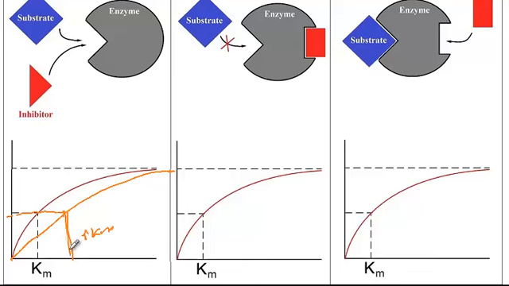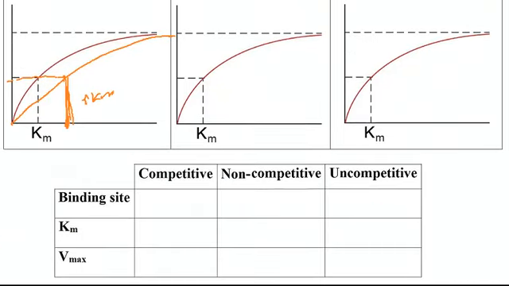The new Km is at this point right here, but then the Vmax could still be reached as we are increasing the substrate concentration. All right, so with that information in mind, now we can fill in this table. So the competitive inhibitors, they're binding to the active site. They would increase Km, but Vmax is still the same. There is no change. If you add more and more substrate, you still can reach the Vmax.